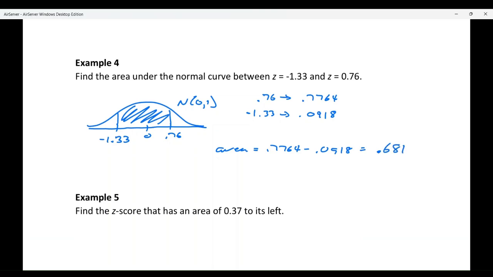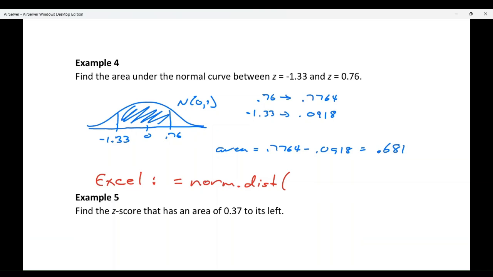Okay, before we jump into the last examples that kind of relate to this, let me just talk quickly about Excel. Google Sheets, again, would be the same notation. But if you want to use Excel or Google Sheets to do this, what you are going to do is just type in equals norm dot dist, so norm dot dist for normal distribution.